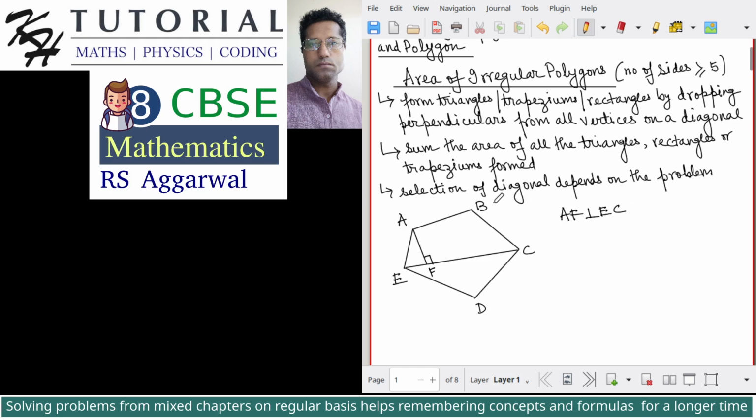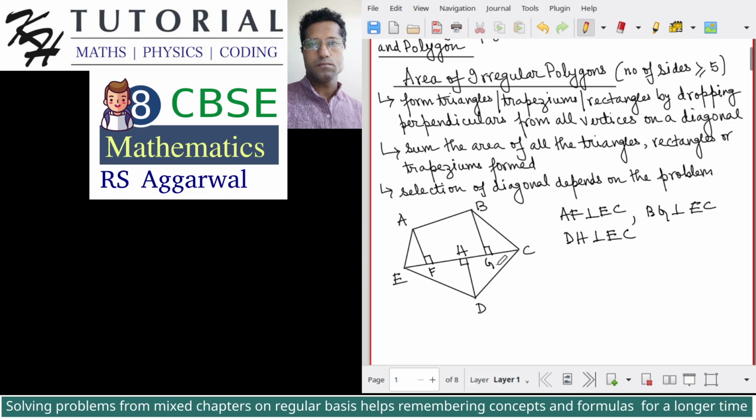Also let's draw a perpendicular from B on EC, say BG. So BG is also perpendicular to EC, and from the vertex D we draw a perpendicular on the diagonal EC. Let's say this is H. So DH is also perpendicular to EC.